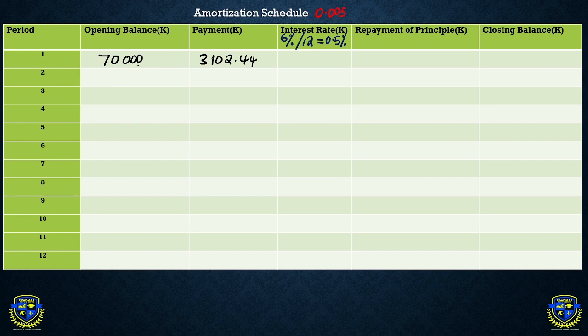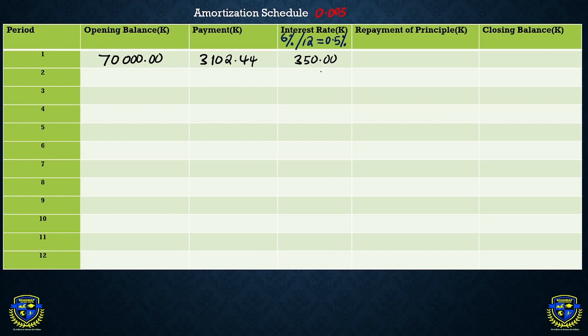Now, the interest is going to be based on the opening balance. So if your interest is 0.5%, dividing by 100 gives us 0.005. So 0.005 multiplied by 70,000 is going to give us 350.